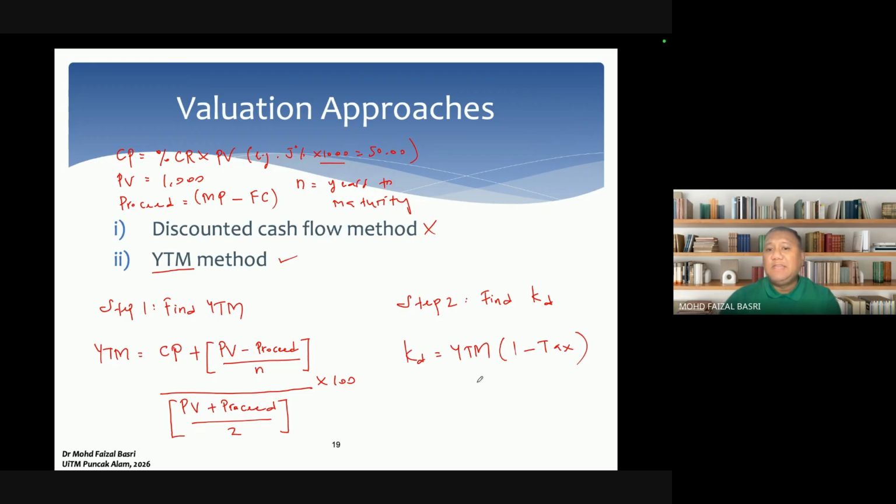Cuma since we are doing YTM, I tulis sini YTM lah. YTM darab dengan 1 minus tax. Okay, so this is the formulas that you need to replicate untuk cari the cost of debt, the KD, using the YTM method.